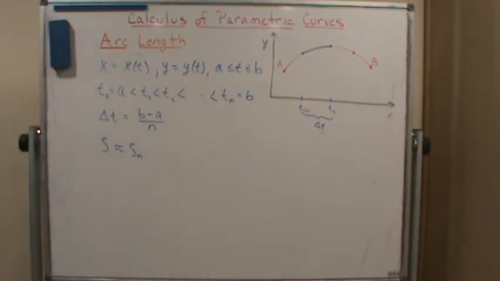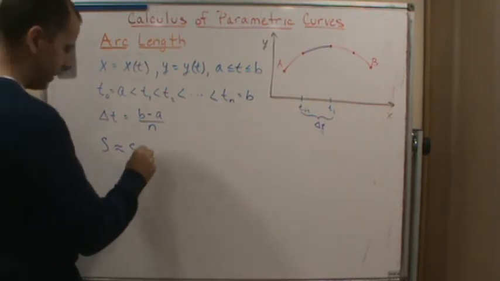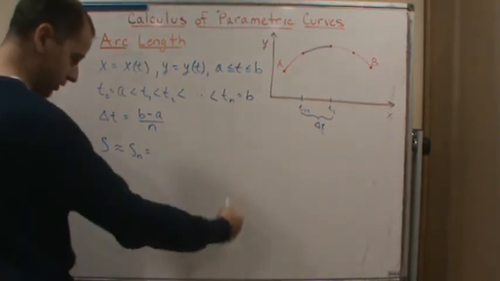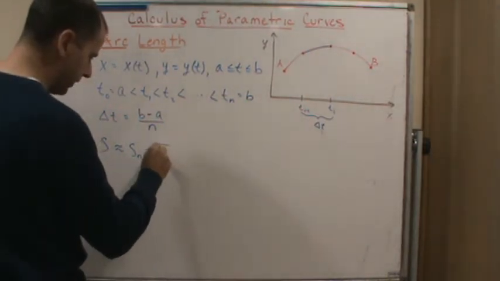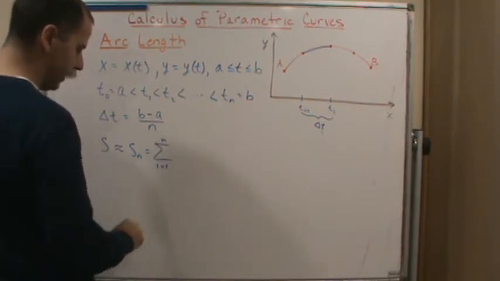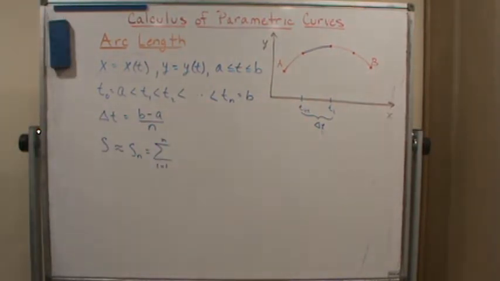And S sub n is going to equal what? That's going to be the sum of all of our distances that we just derived. So that's the sum from i equals 1 to n of our distances.